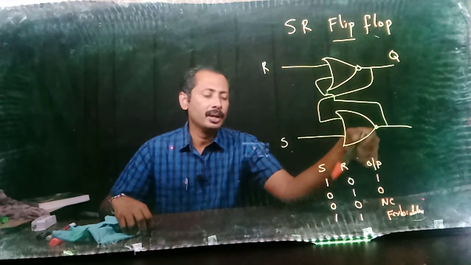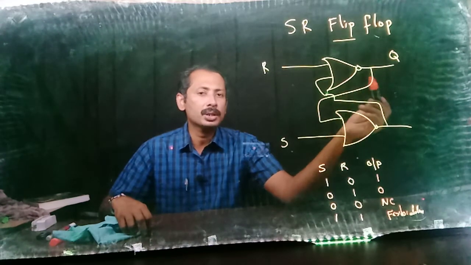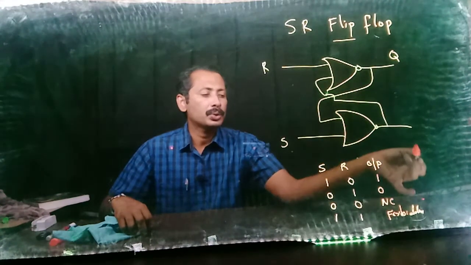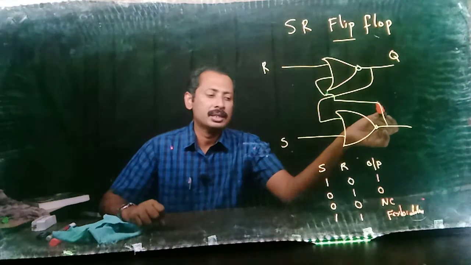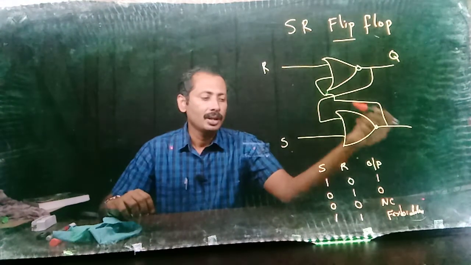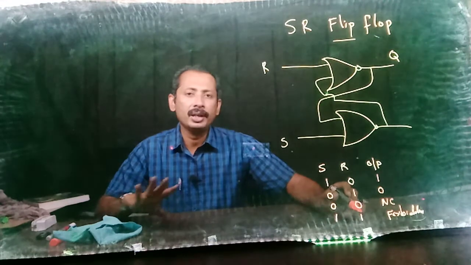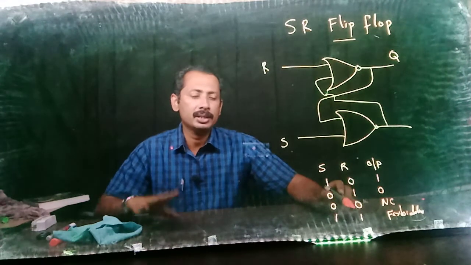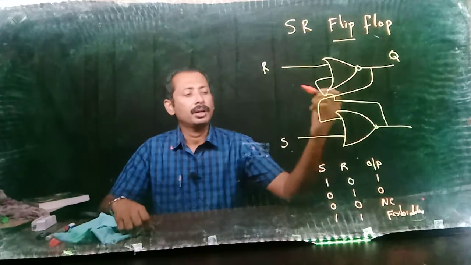So if I am making 1 and 1 for SR, this flip flop loses its property, and so we say that 1 1 cannot be applied to an SR flip flop. It is called a forbidden condition, and it is the drawback of the SR flip flop.